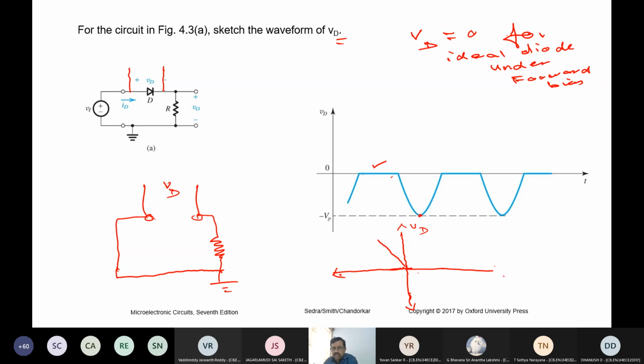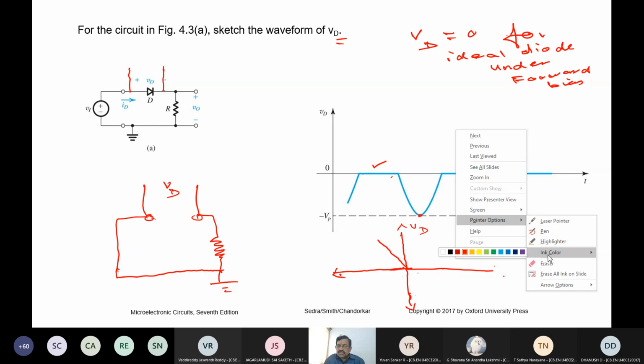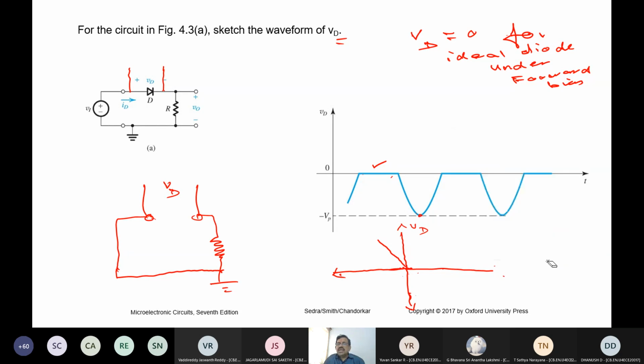This should be drawn again to a perfect level. It's not exactly perfect, because it appears that the slope is not 1. So let me try my best. It should be at 45 degrees. Yeah, something better like this.